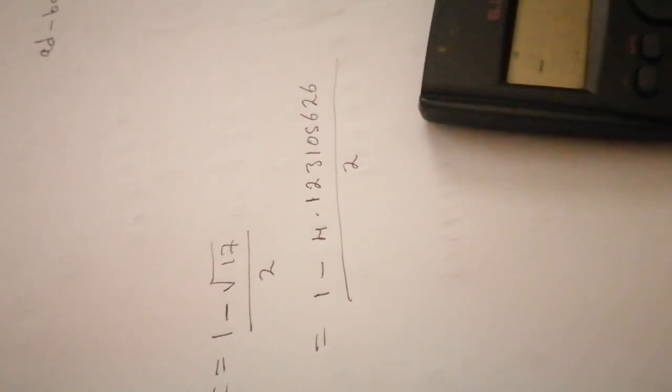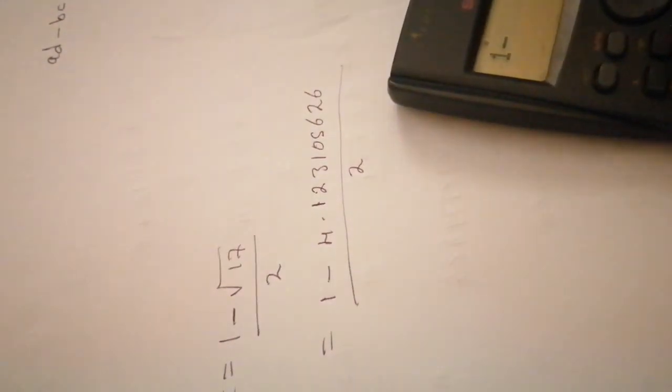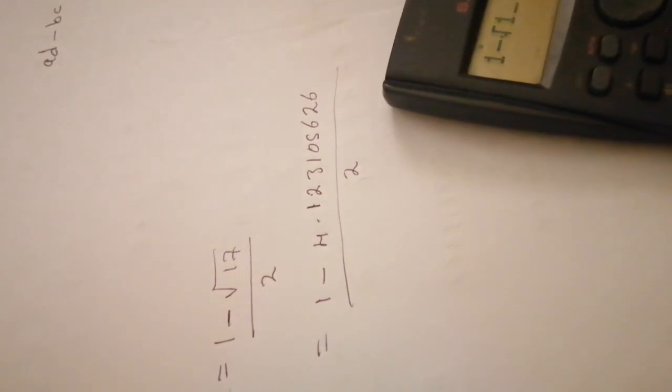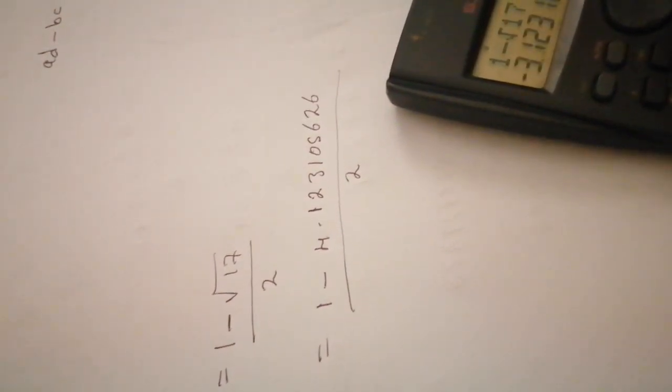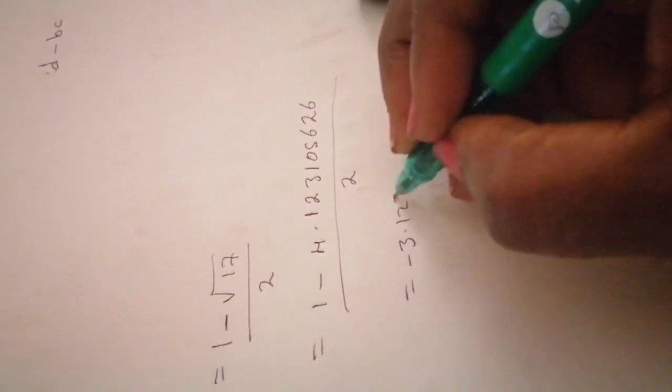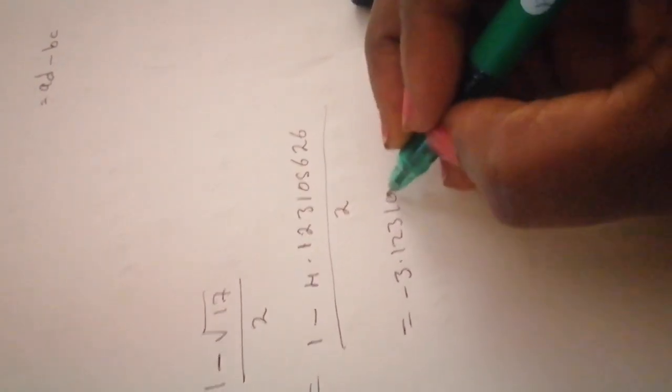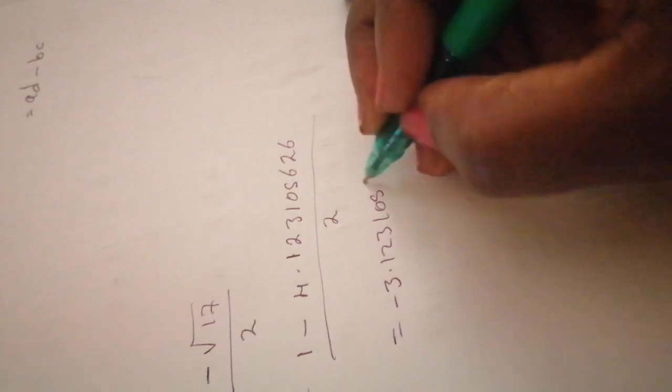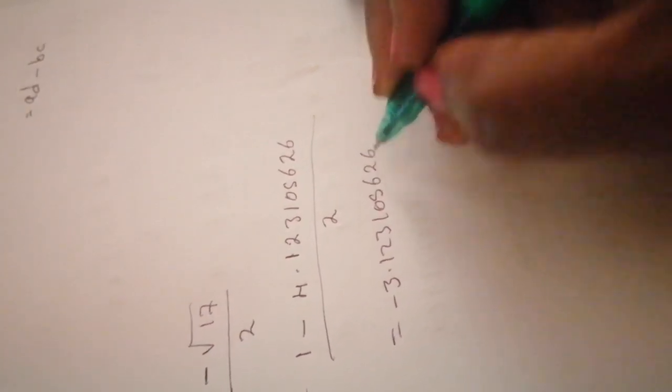So we have 1 minus square root of 17 giving us negative 3.123105626 divided by 2.